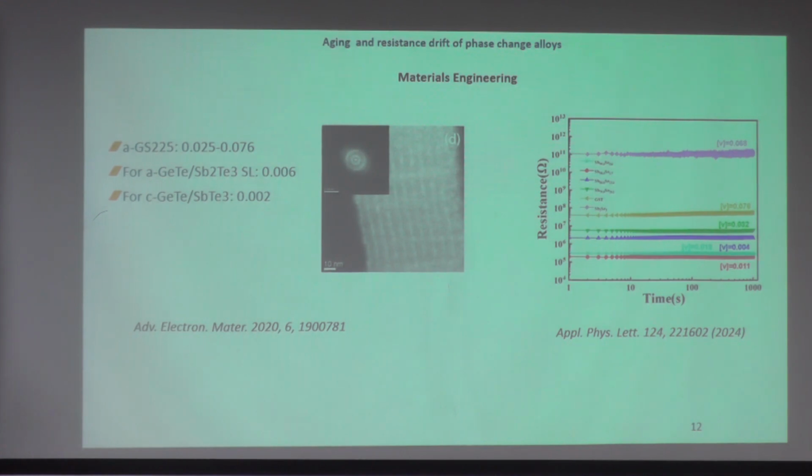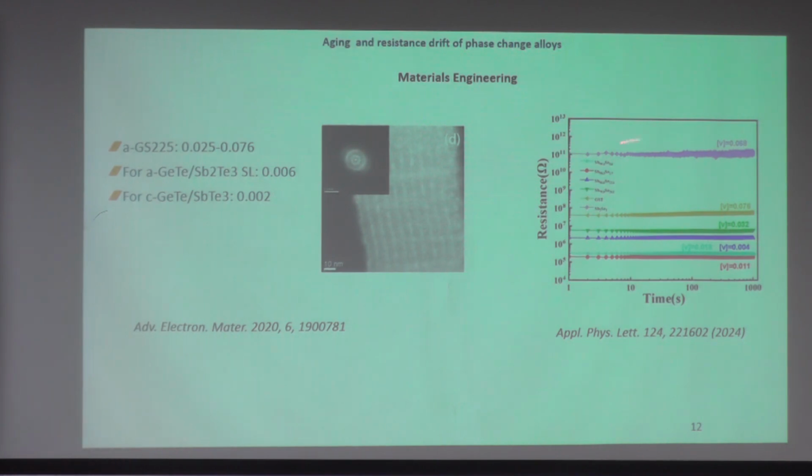What you can also do is try to optimize the structure of your GST material by alloying or doping. This is also a very famous method. Like we know, you can use ion implantation. In this case, we used an alloy with selenium, and here this is antimony selenium.